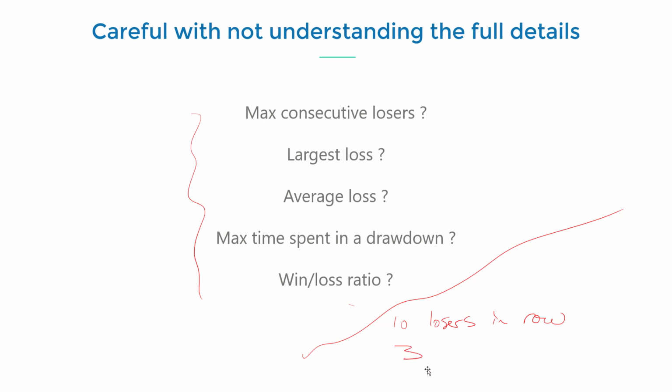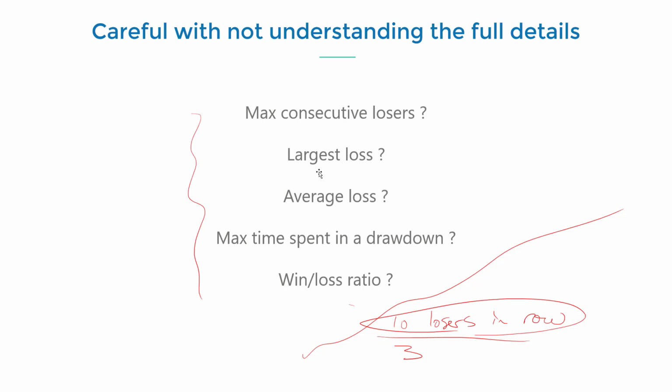And if you're going to start panicking after 3 losers in a row, then that's not good, because you're not going to have the guts to stay in for the long game and get the equity return that you're looking for, because you simply can't stomach this. But if you don't even know the stats, then how can you even get into the algo in the first place? You need to know what these stats are, right?